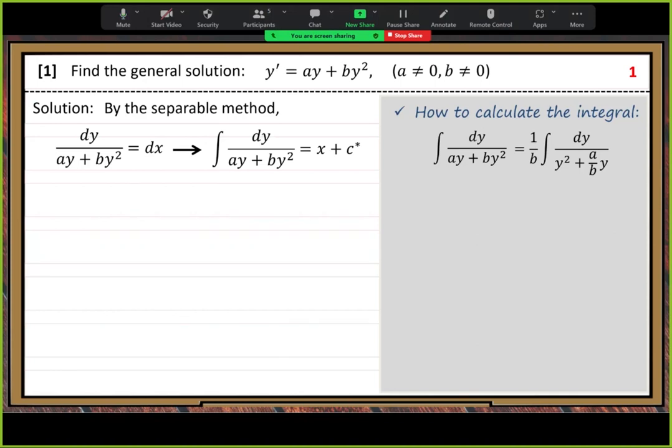The y squared term, leading coefficient of the denominator is b. So after I factor this b out, the leading coefficient becomes 1. That's more convenient. Usually we want to make a leading coefficient 1. So in computation, that would be relatively easier. So we do that simple step. We factor that 1 over b out of the integral.